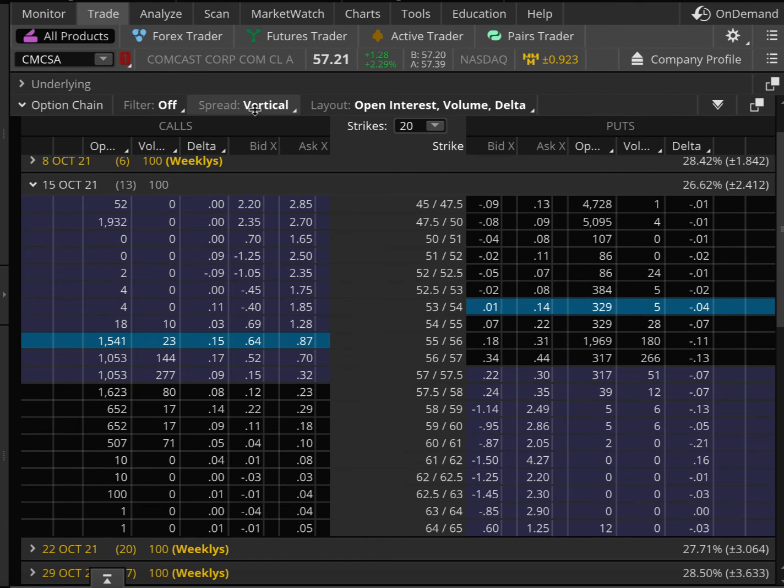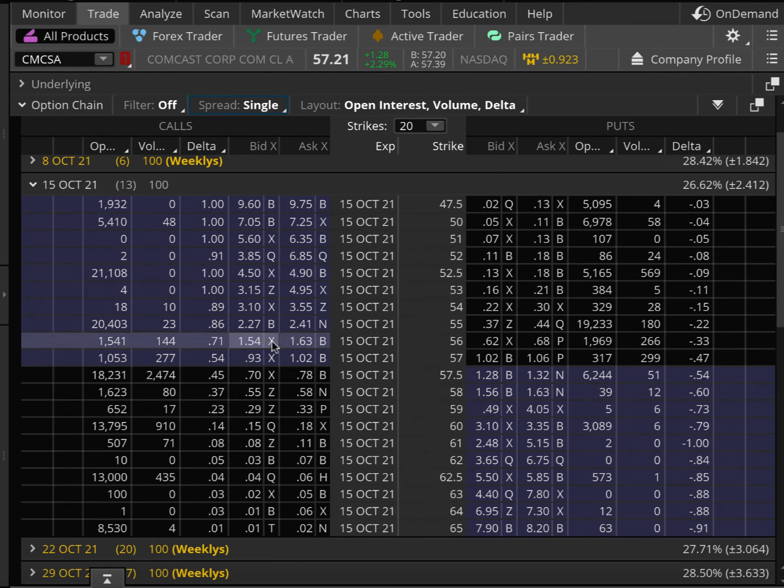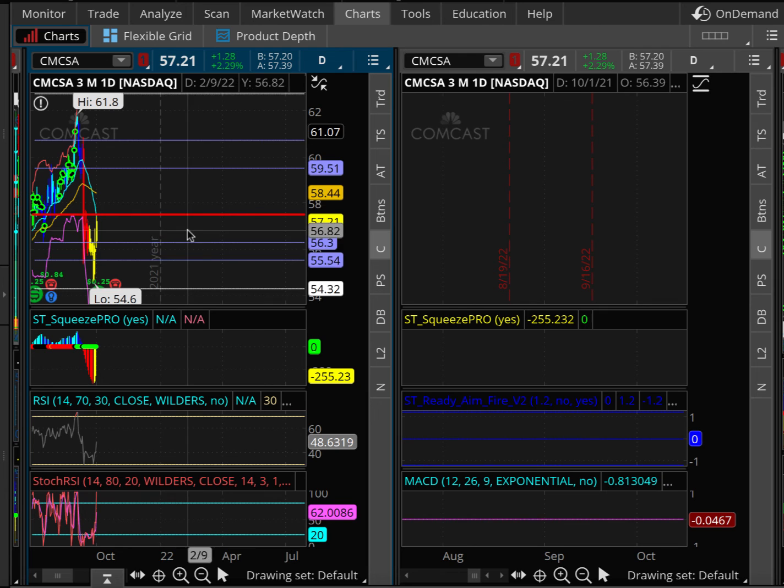So in this particular instance, it makes more sense to either buy a vertical debit spread that will profit from movement from a support level up to an area of resistance, maybe $60. You're going to profit from that movement.